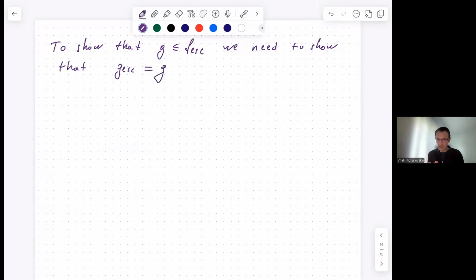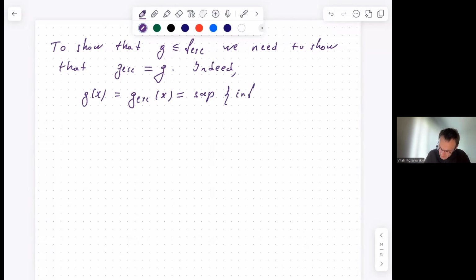You remember that function g is lower semi-continuous, and if we show that its lower semi-continuous regularization is exactly the function g, then we will obtain this statement. Because if you take the function g and you know that it is equal to its lower semi-continuous regularization, this is the supremum of infimums of the function g over the open sets capital G that contain the point x.